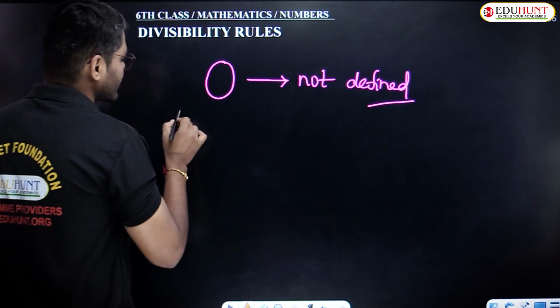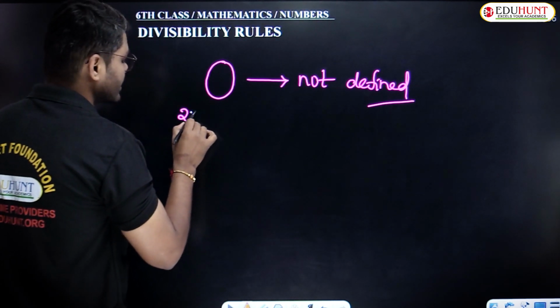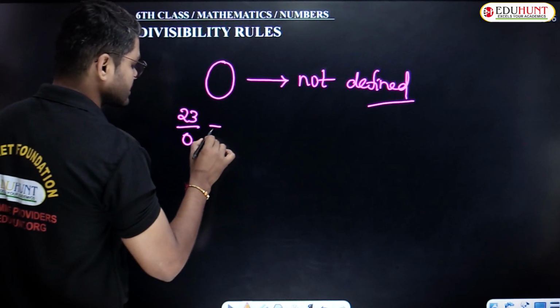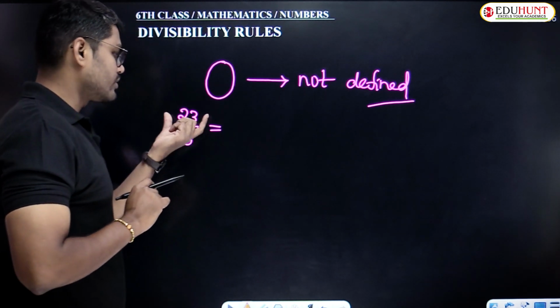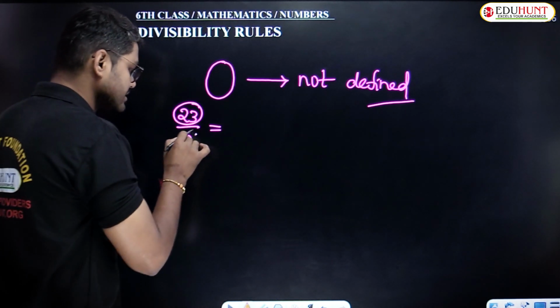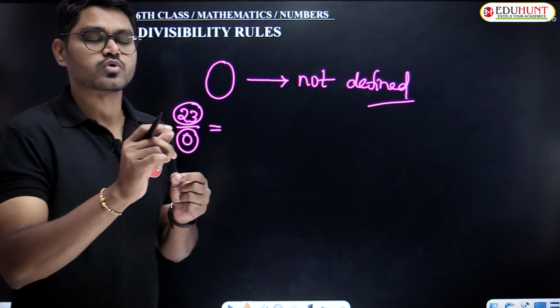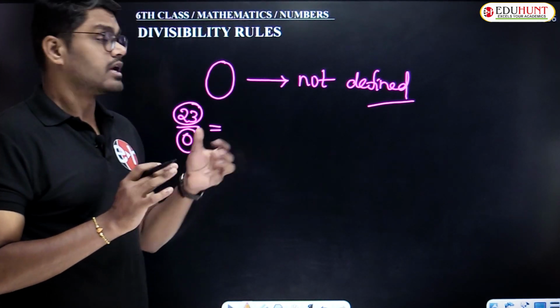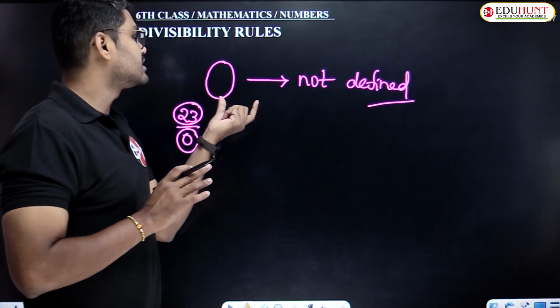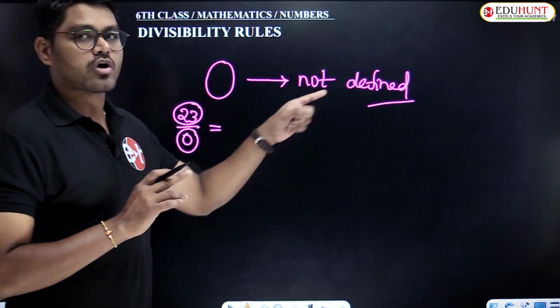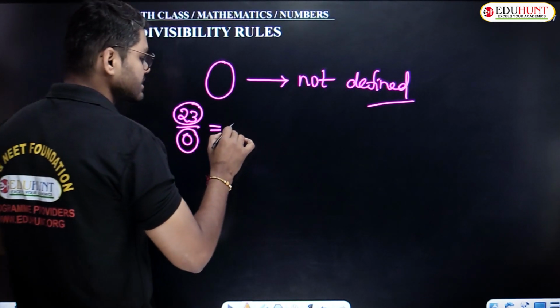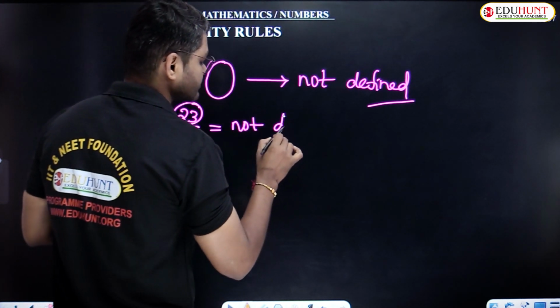For example, if I give you 23 by 0, what is the answer? If I want to divide 23 by 0, I must know the divisibility rule of 0. Divisibility by 0 is not defined. That's why the answer is also not defined.